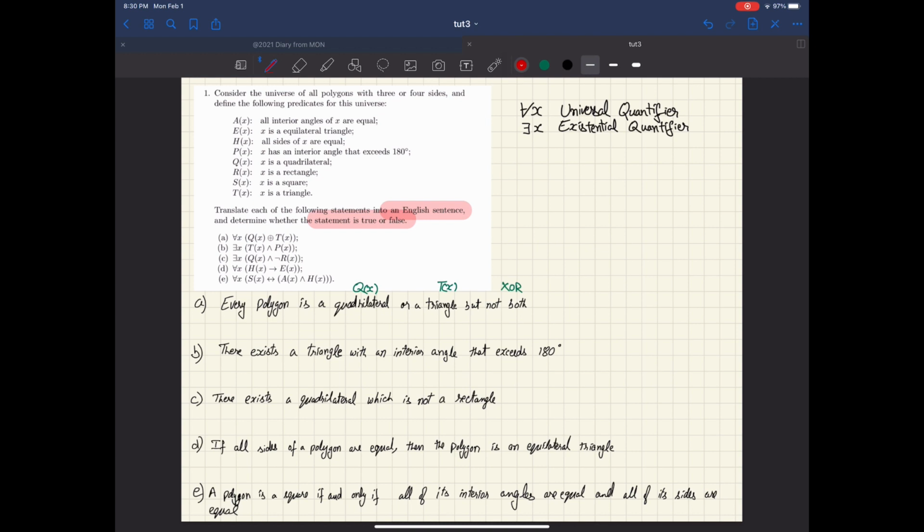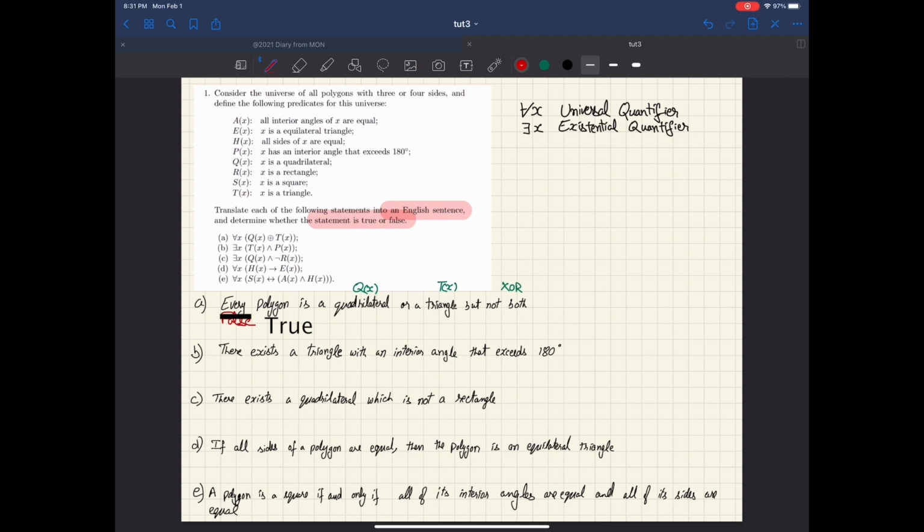But if we look at the first sentence, it says, consider the universe of all polygons with 3 or 4 sides. So we are restricted to polygons with 3 or 4 sides. Hence, it could either be a triangle or a quadrilateral, but it cannot be both because it could either have 3 sides or it could have 4 sides. So this statement is true.